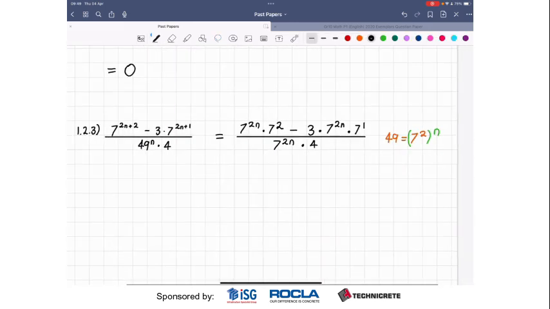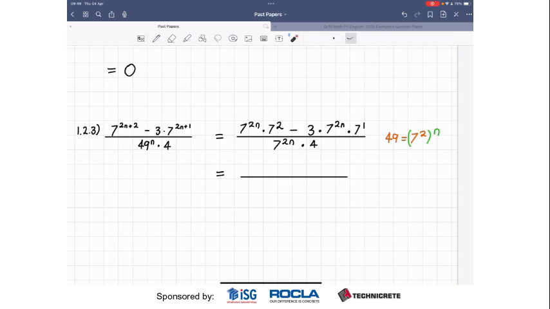Okay, and then moving on, in my numerator, I can see that I've got some common factors. So I can see that 7 to the 2n is common, and it's separated by a minus with this 7 to the 2n. So I can take out a common 7 to the 2n from both of these terms. So I'm going to have 7 to the 2n, and then in my bracket, from the first term I've got left 7 squared. And then from the second one, I'm left with 3 times 7 to the 1. And then I'm going to keep my denominator the same.